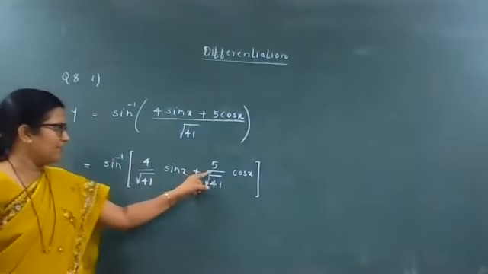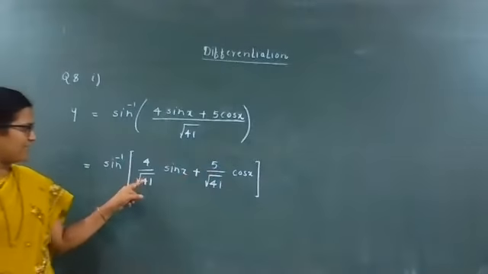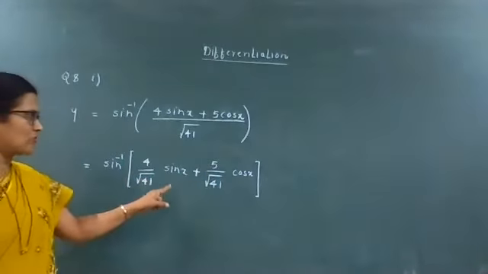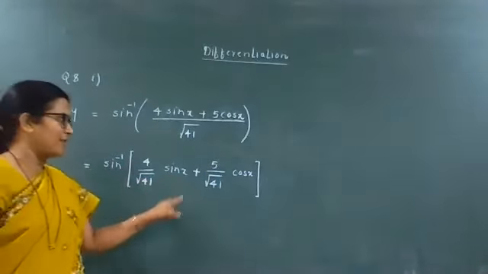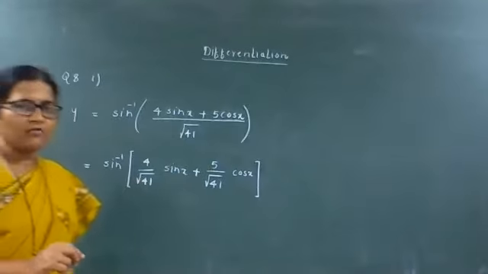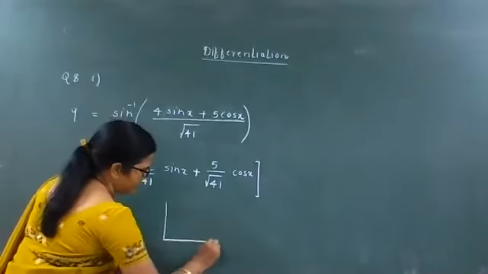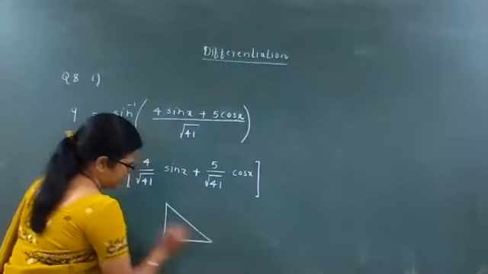These are two numbers and we will take these two numbers as sine or cosine ratios of some acute angle. Look at these numbers 4, 5, root 41. Actually this is the Pythagoras triplet. See the triangle. 4 square is 16, 5 square is 25.